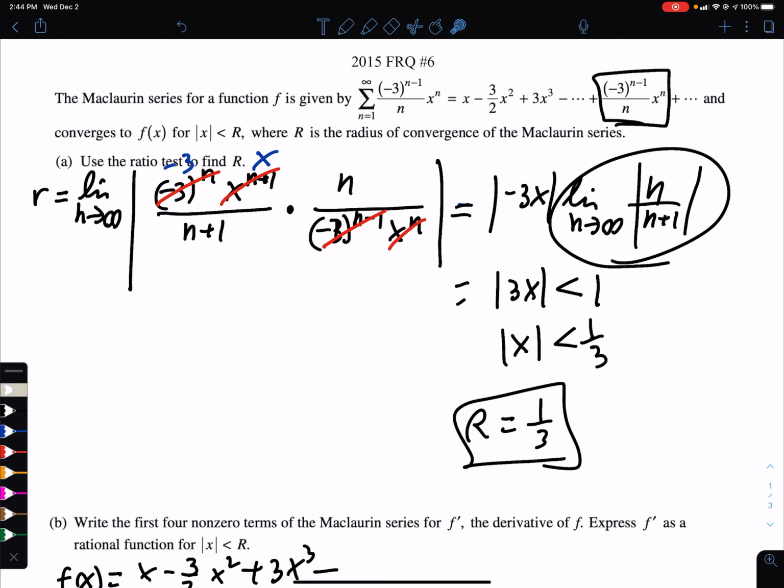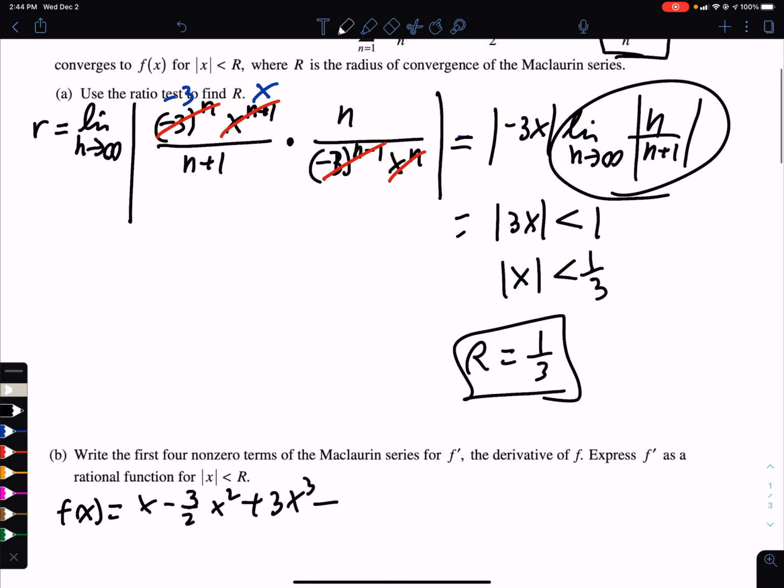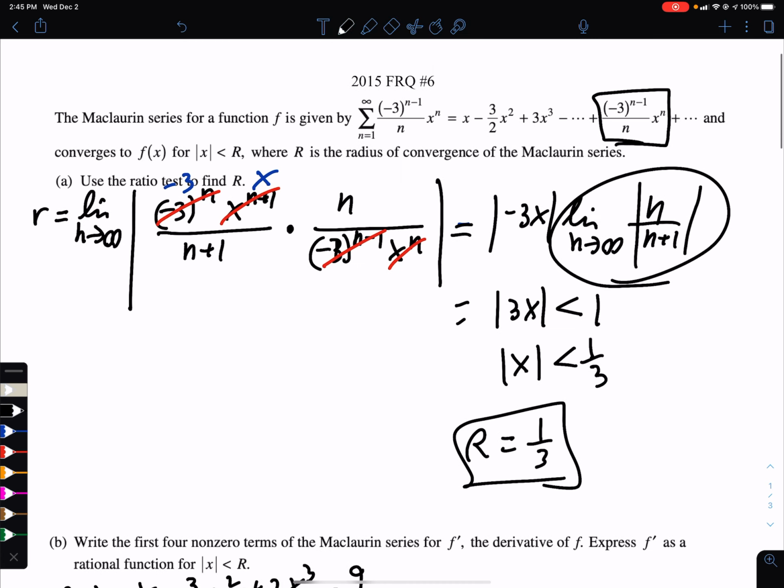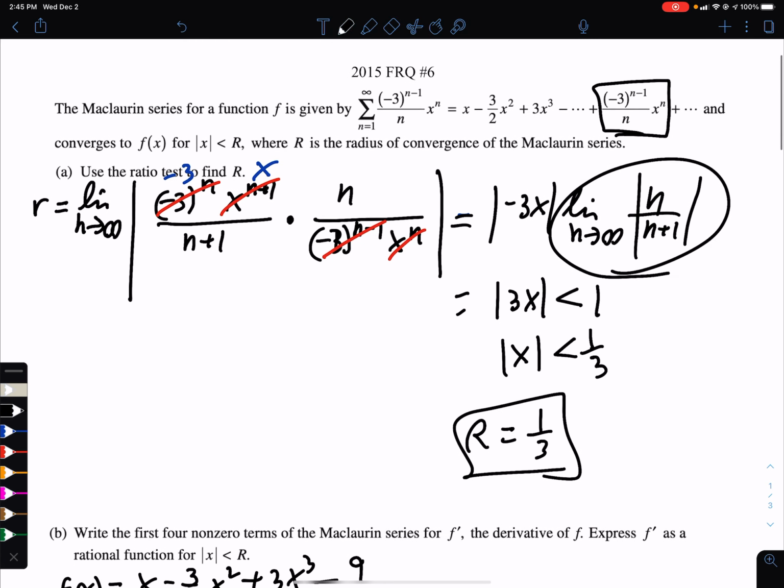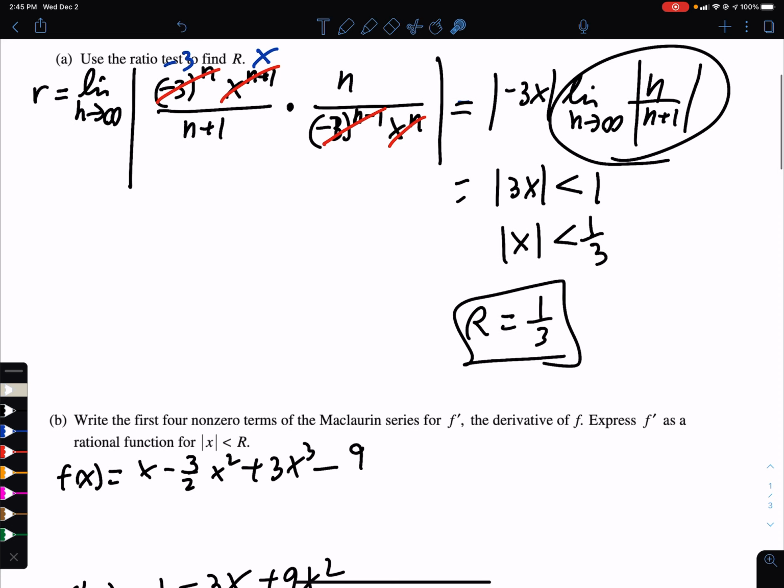So I'm going to plug in 0, 1, 2. I'm going to plug in 3 here. So it's going to be negative 3 squared, so that's going to be 9 on top. And I'm plugging in 3. No, I'm plugging in 4. Take that back.